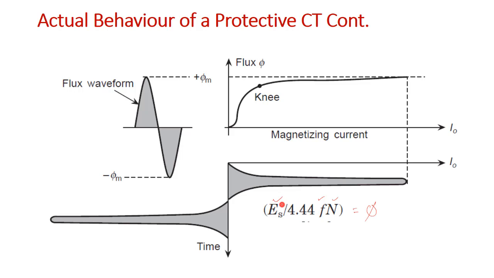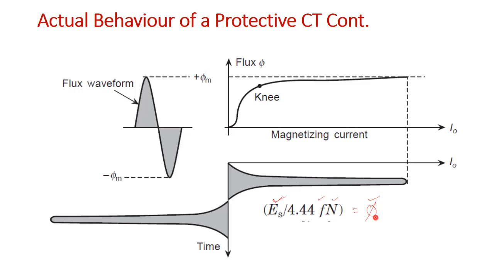So ES is varying based on the current in the burden. Your flux will depend upon this parameter ES. As your ES will increase, your flux will also increase, right?